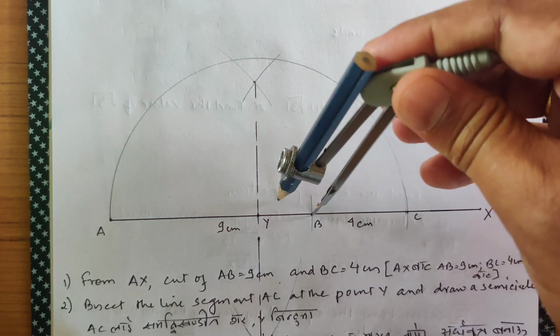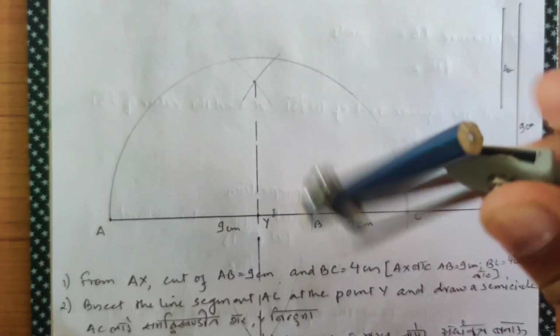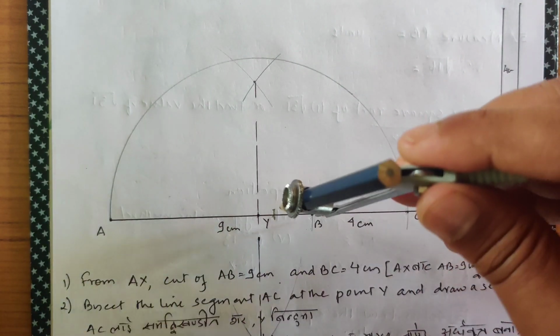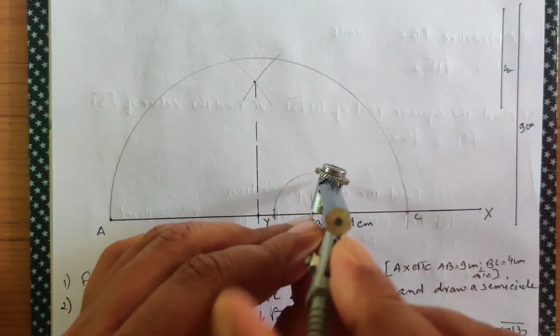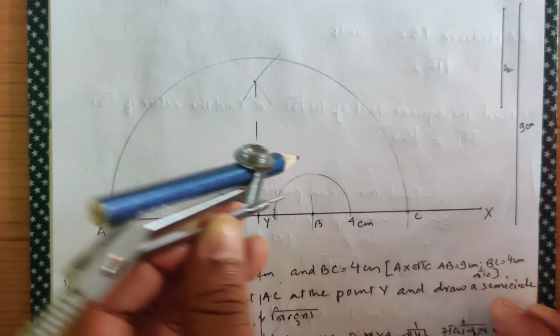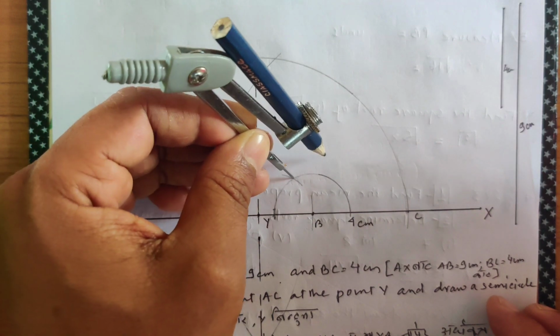Make sure your compass doesn't move when you draw 90 degree. Okay, I'm drawing a 90 degree outer. I've told you, under this camera setup I have to hold my compass this way. Never hold a compass this way.